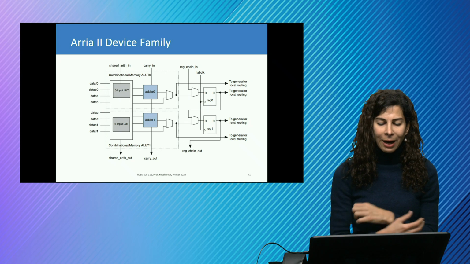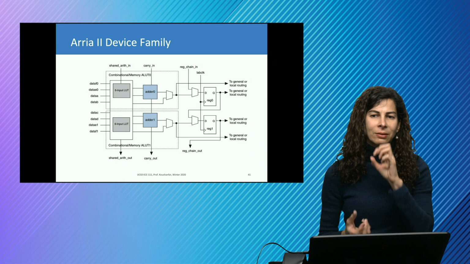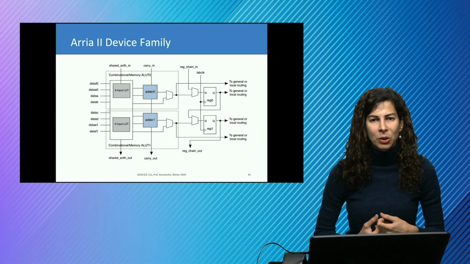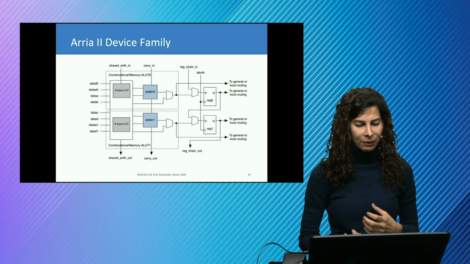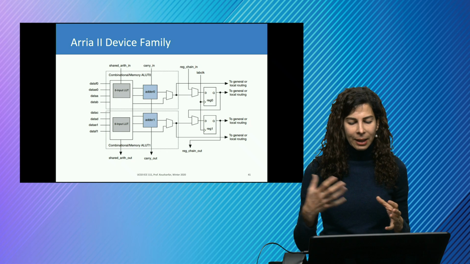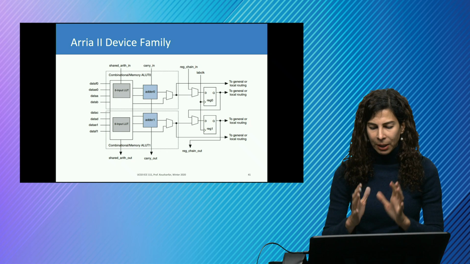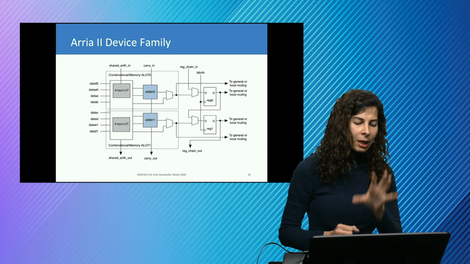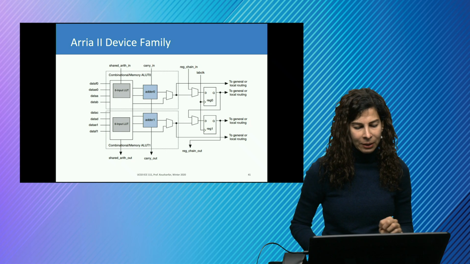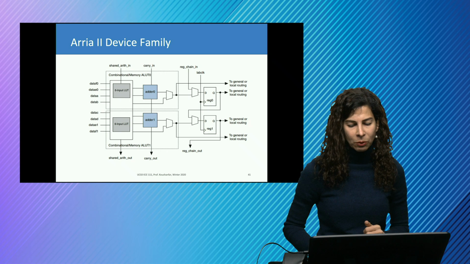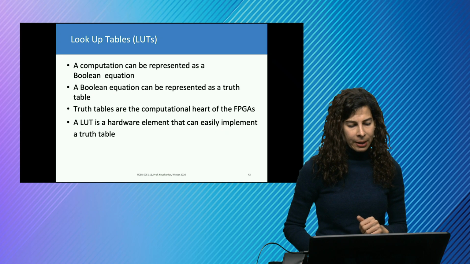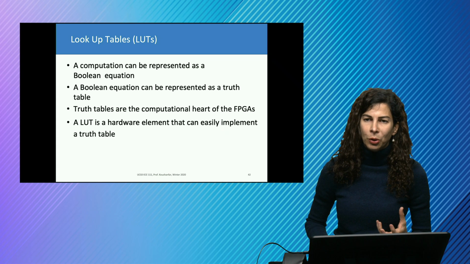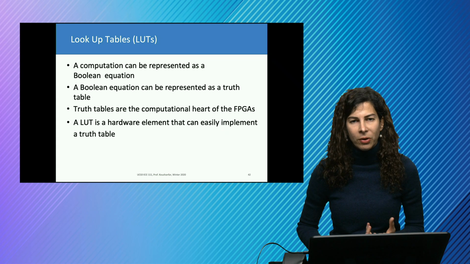But then we also have some adders, because addition is a function that is very commonly used, so that can accelerate things for us. And then we also have the logic that connects this combinational part, which we make in the LUTs, to a sequential register part. And this can help us make combinational and sequential logic, as we will be seeing further.